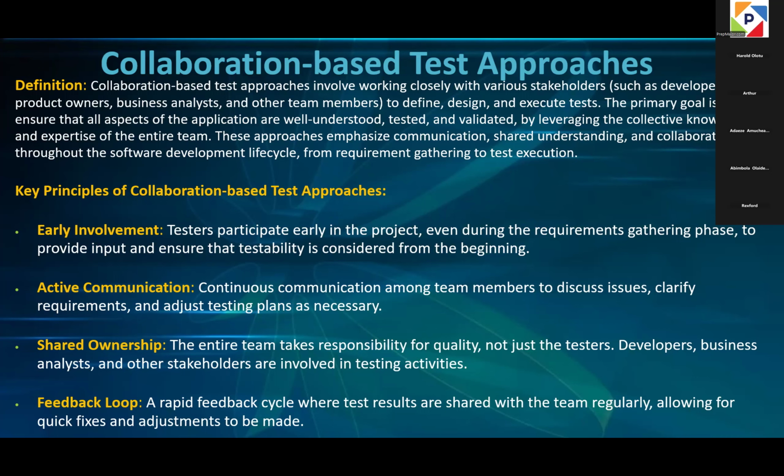Because there's shared ownership. For example, if you are supposed to test and you've already allocated, say, 1, 2, or 3 points, that particular story is supposed to be tested and dusted within hours or a maximum of 1 day.